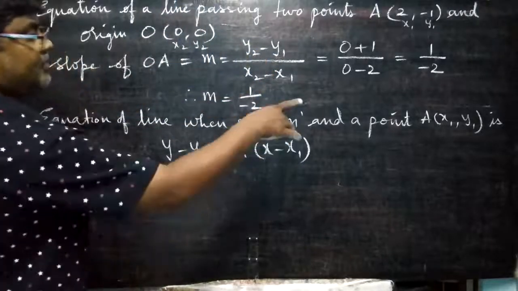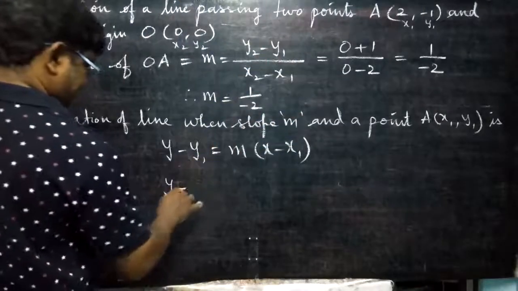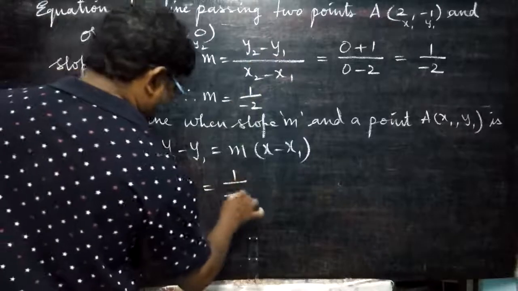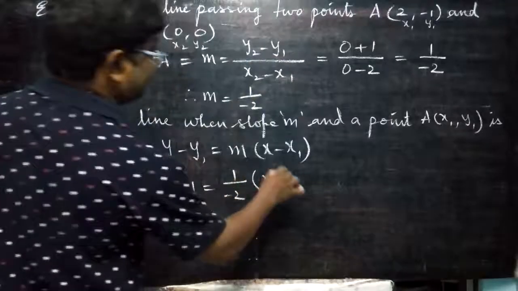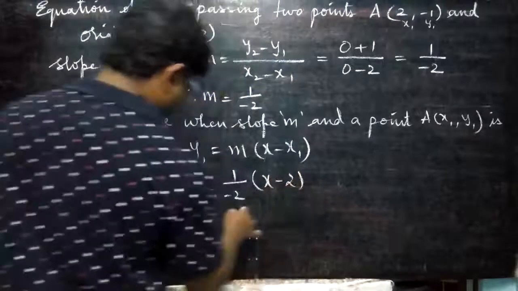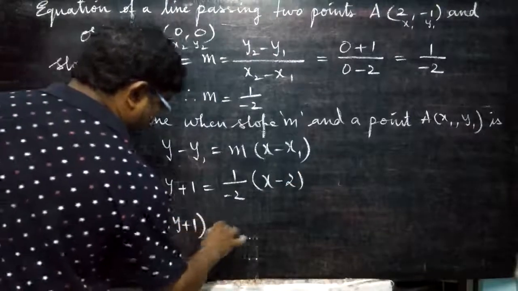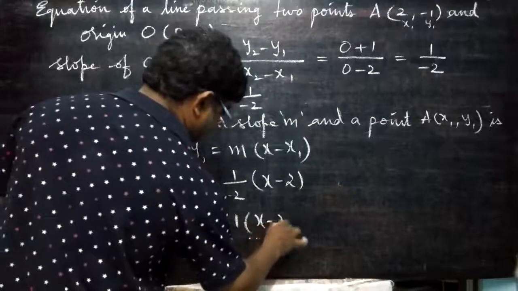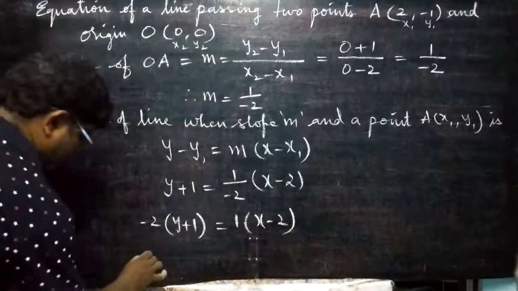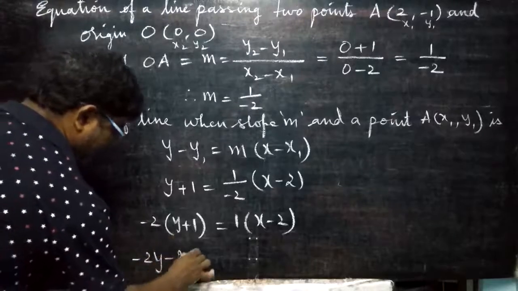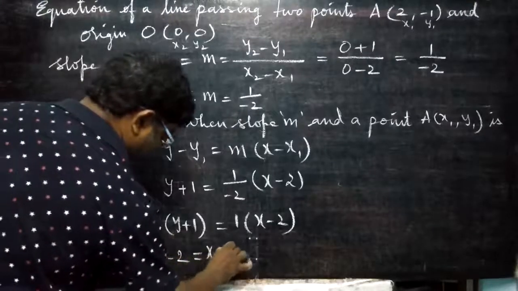y minus y1, y1 here minus, there 1 minus, so plus 1, 1 by minus 2 into x minus 2. Cross multiply, minus 2 into y plus 1 is equal to 1 into x minus 2, minus 2y minus 2 is equal to x minus 2.